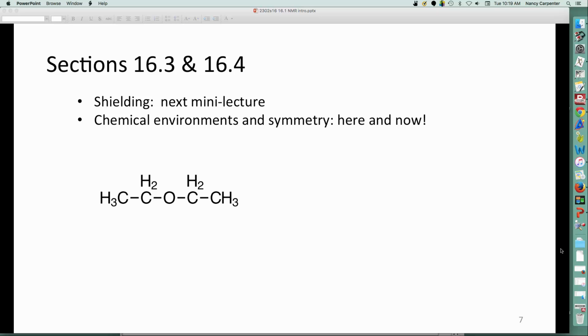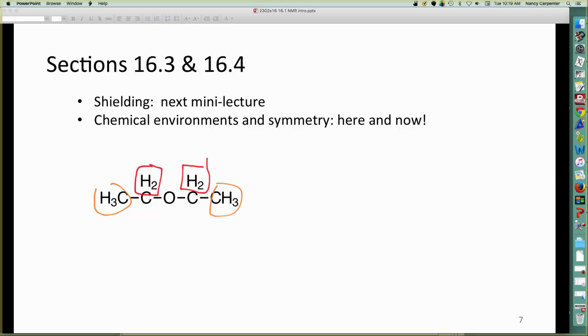So here's good old-fashioned ethyl ether. Now remember, I'm talking strictly about proton NMR. My question is, how many different kinds of hydrogens do I have in this molecule? Well, I have some CH2s and I have some CH3s.